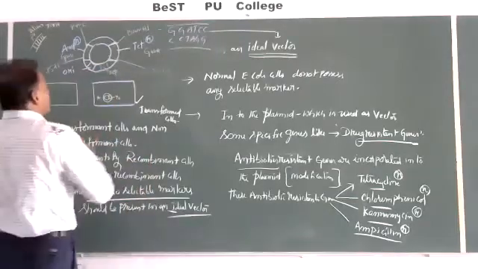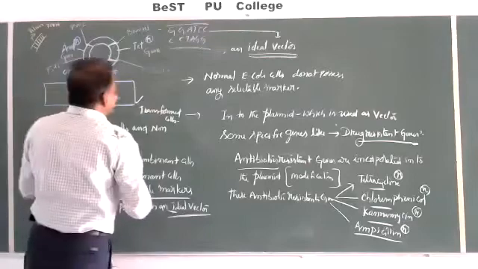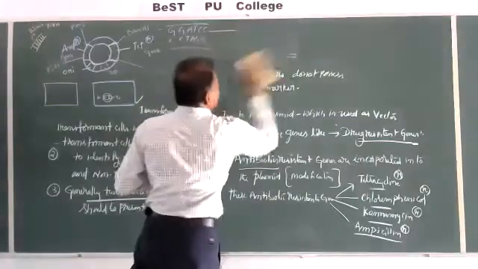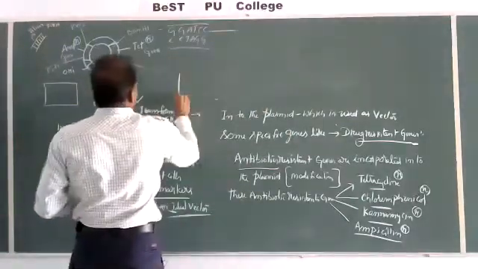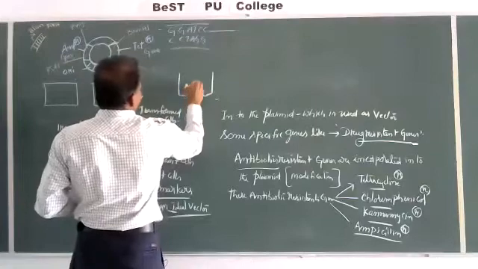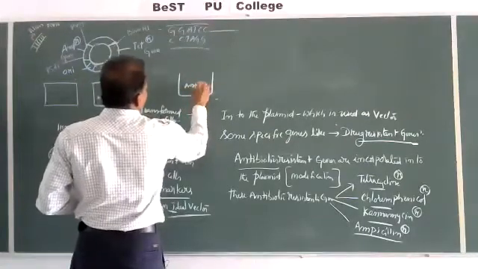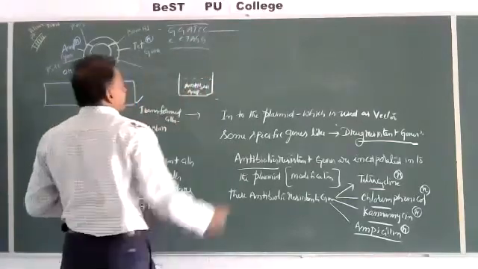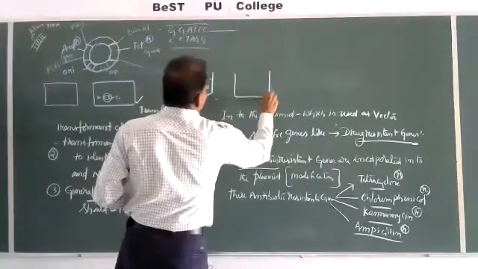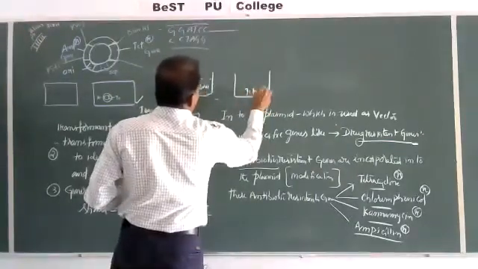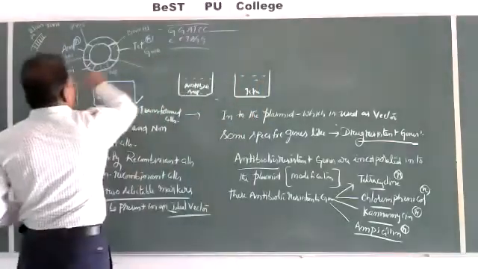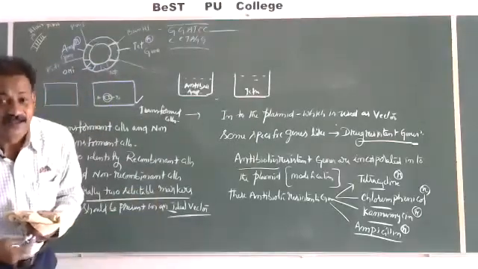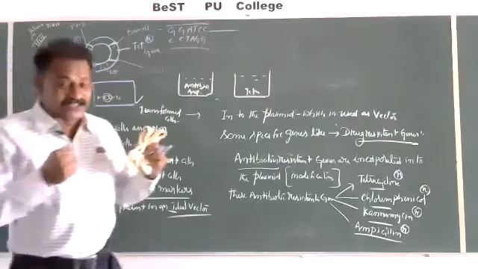Now, we have to keep these bacterial cells into mediums. Which medium? Antibiotic. The antibiotic called ampicillin is present here, and the antibiotic called tetracycline is present here. And we have dropped all these 100 bacteria. Which bacteria will grow? Which bacteria are able to resist?